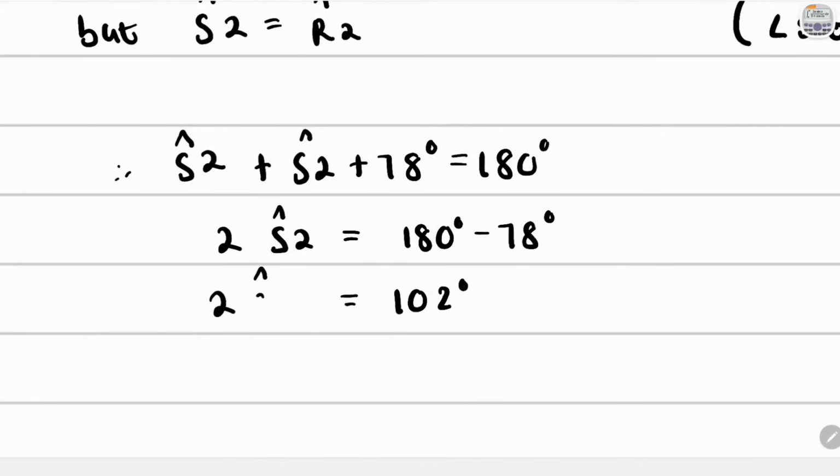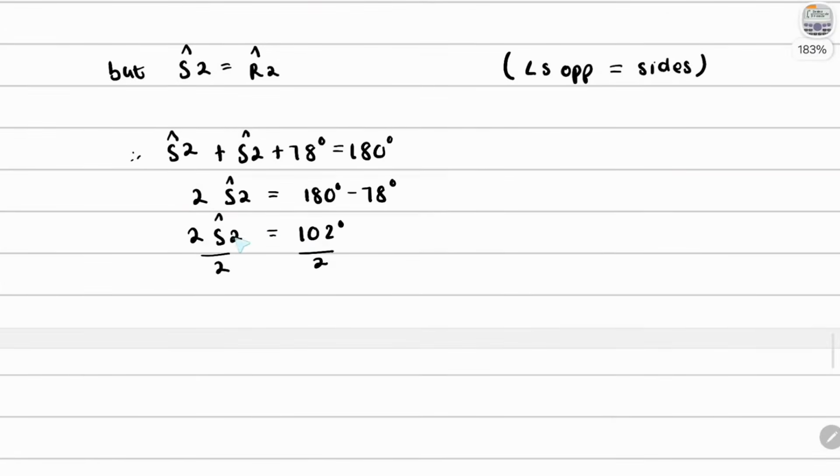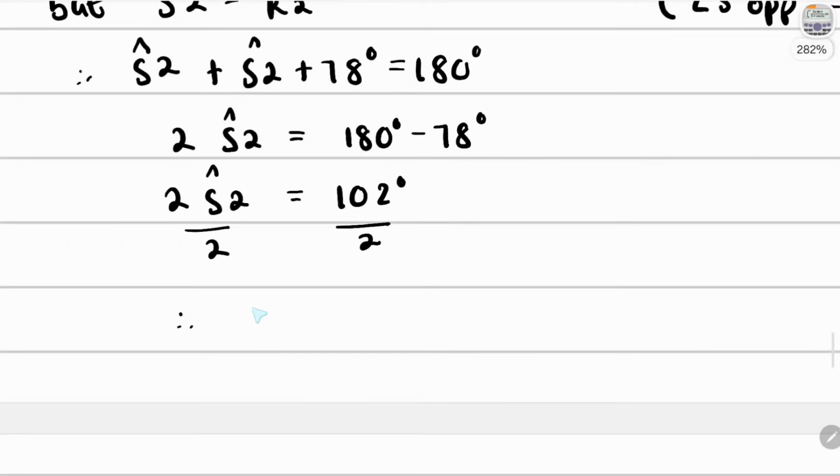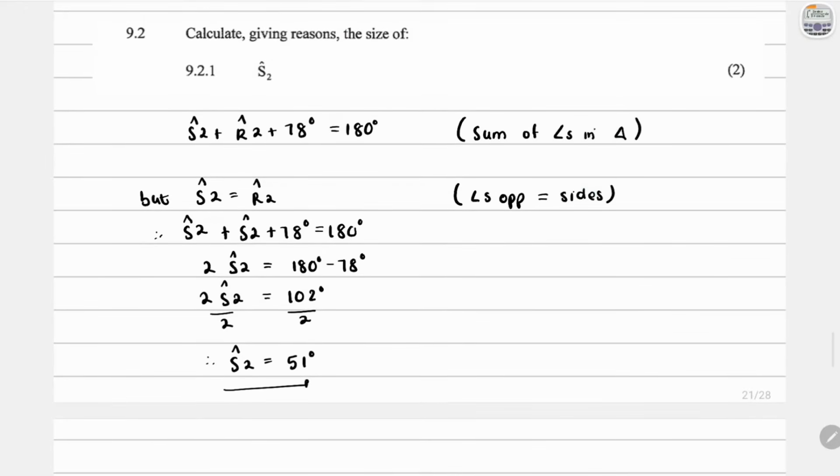And so 2 angle S2 is equal to 102 degrees. And if we divide both sides by 2, then finally angle S2 is going to be equal to 51 degrees. So angle S2 is equal to 51 degrees. And there we go. We have solved for angle S2, giving reasons. Moving on to the next question.